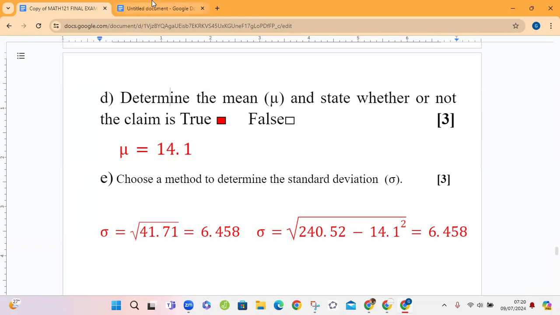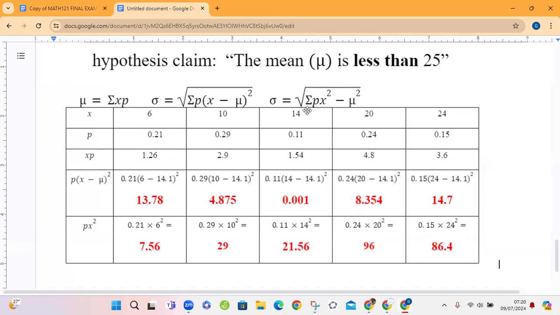Now, the second method says that we've got to multiply p by x squared and then add them up. So the first one is 0.21 times 6 squared. Here it is. 0.29 times 10 squared, right up to 0.15 times 24 squared.